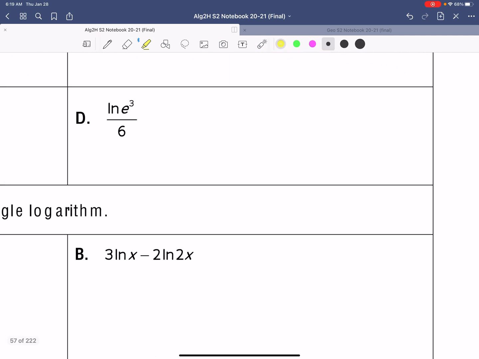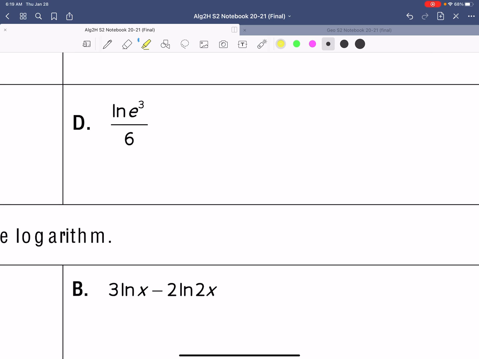All right, and last one. We're going to evaluate the top, which is ln of e cubed equals p. We want to evaluate this, get that answer, and then we're going to divide that answer by 6. So again, my base is e, my power is p, my answer is e to the 3rd power.